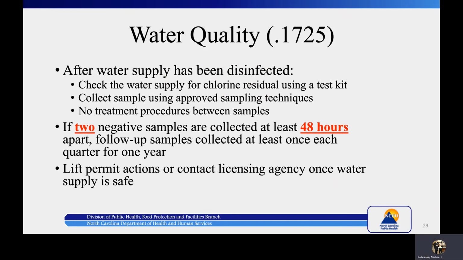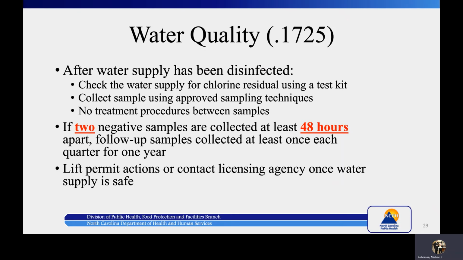After a water supply has been disinfected, we're going to make sure that we check the water supply for our chlorine residual using a test kit. We're going to collect our sample using approved sampling techniques, and we're going to make sure that there's no treatment procedures between samples. So that is where we're moving from our immediate suspension.